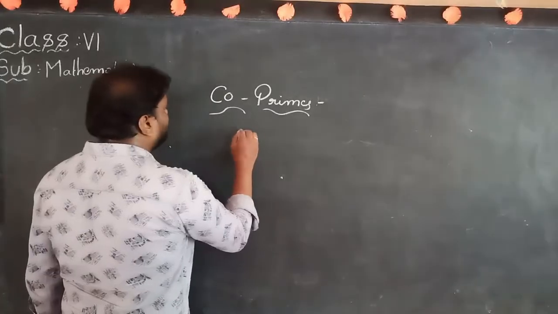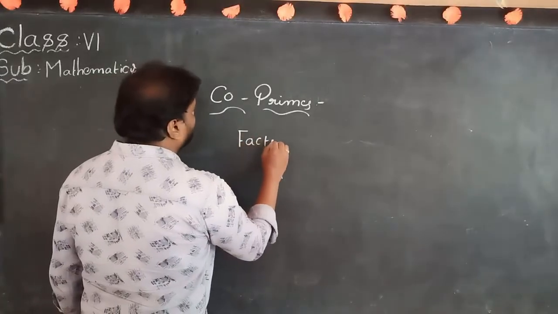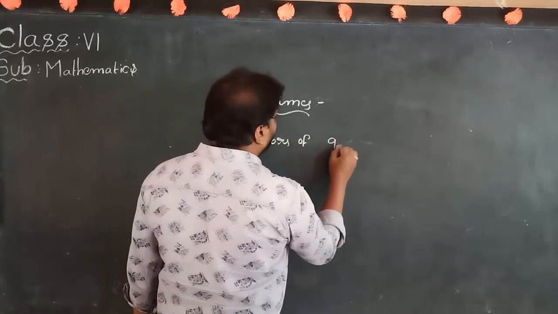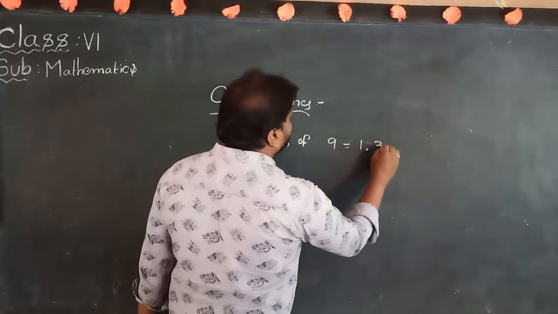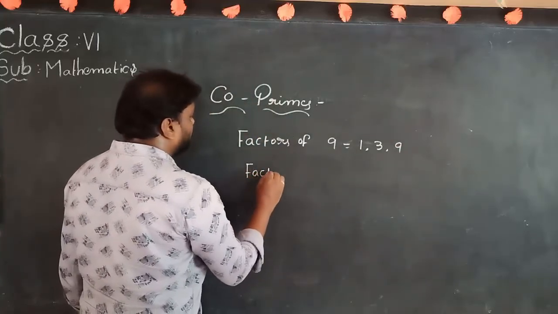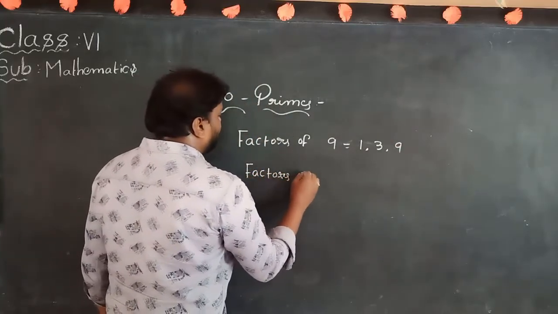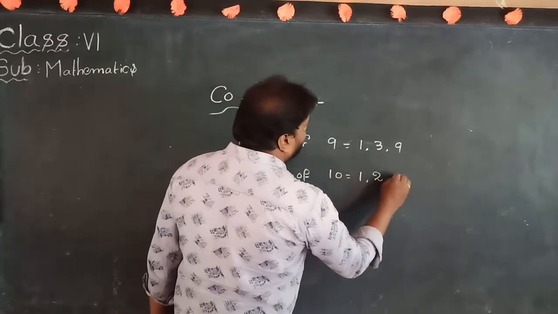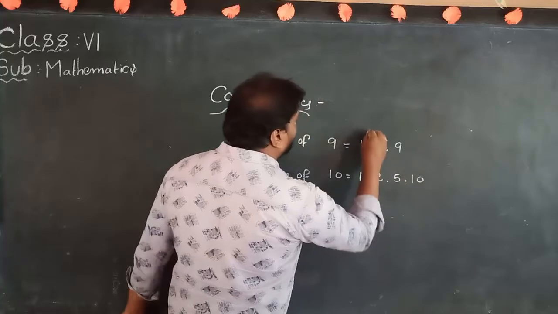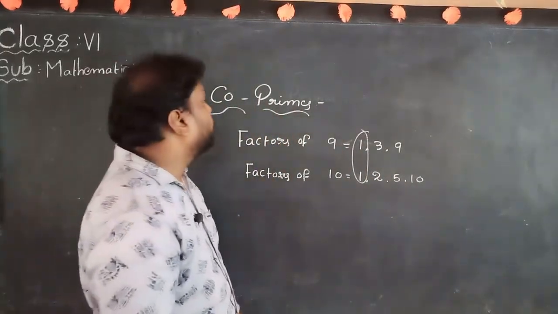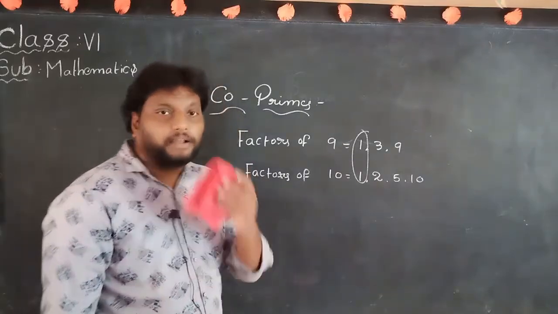For example, factors of 9 are 1, 3, 9. Factors of 10 are 1, 2, 5, 10. The only common factor is 1, so 9 and 10 are co-primes.